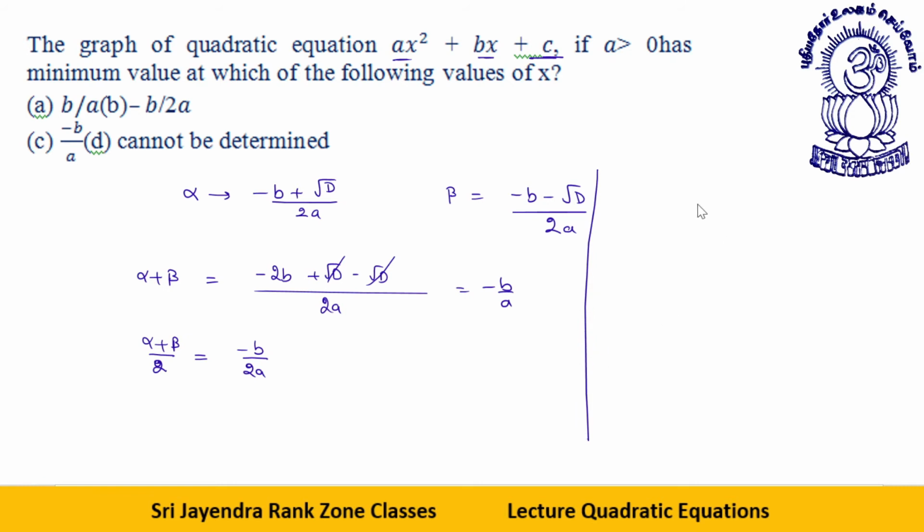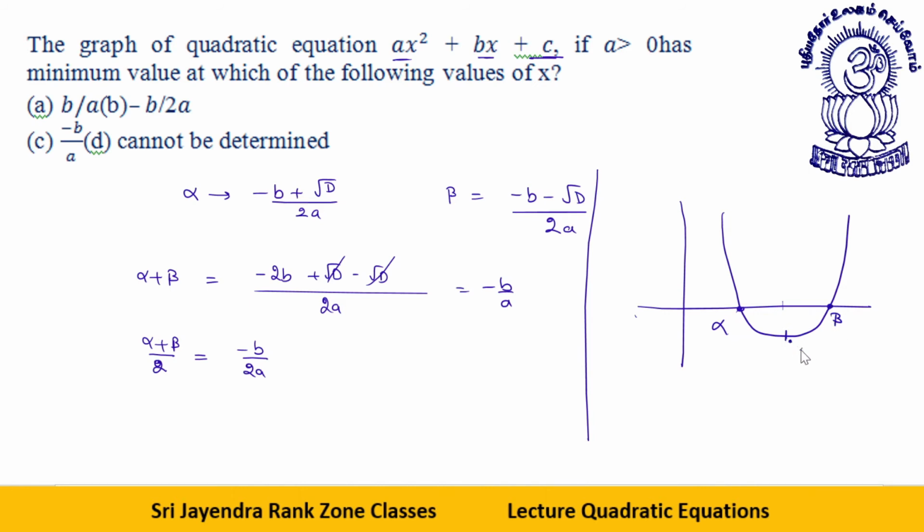What is the graph of a quadratic equation? The graph of a quadratic equation is like this. This is a symmetrical graph. If this is the midpoint, whether you go towards this side or this side, the graph is symmetrical and increases at the same rate. This point is alpha, this point is beta.